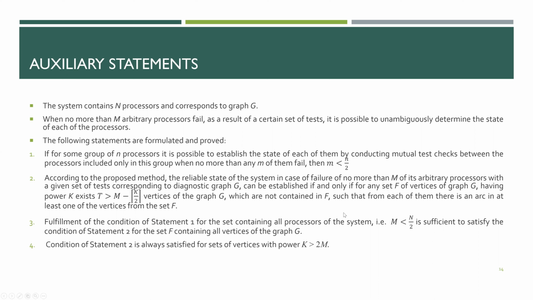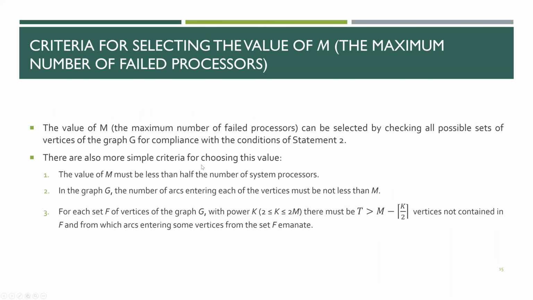So these statements are formulated and proven in the paper and are used for building criteria for selecting the value of M, the maximum number of failed processors. The criterion is that the value of M can be selected by checking all possible sets of vertices in the graph G for compliance with the conditions of statement 2.